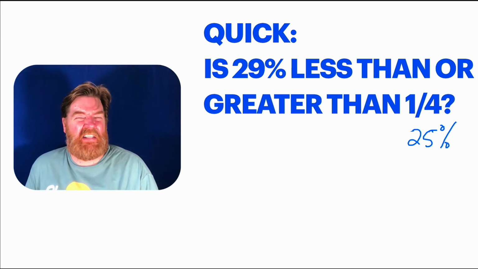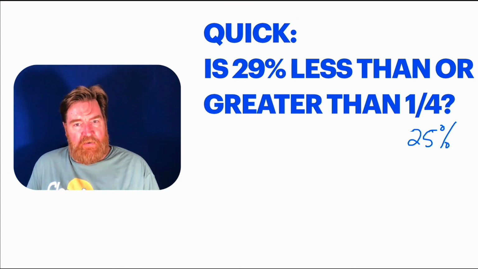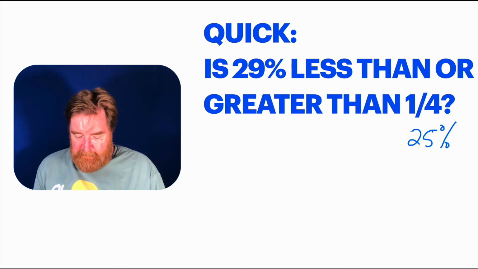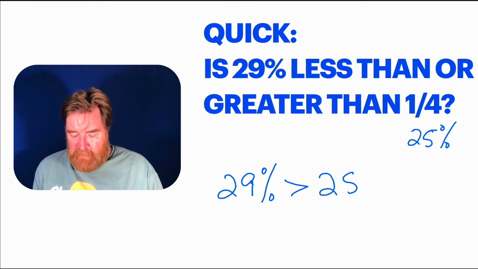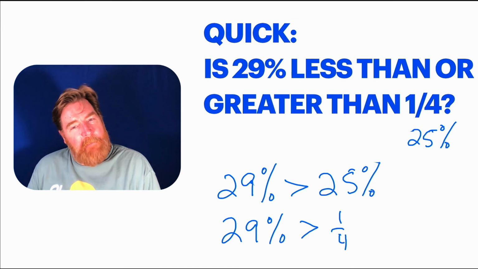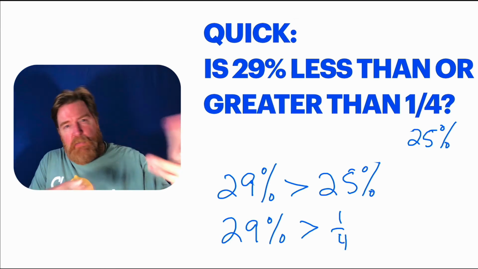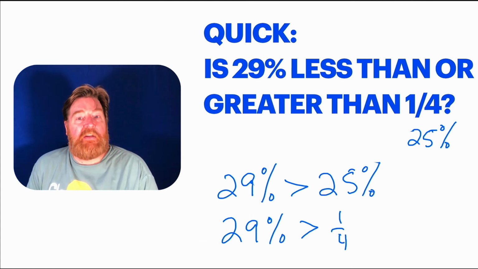So now look how easy that is to compare. 25% versus 29%. 29% is definitely bigger than 25%. So in other words, 29% is definitely greater than 1/4. Okay? So it's nice to be able to be really fluid with the different forms. And maybe you don't even need to convert.